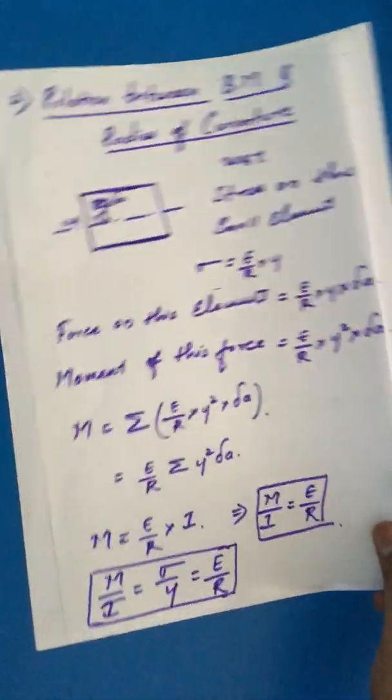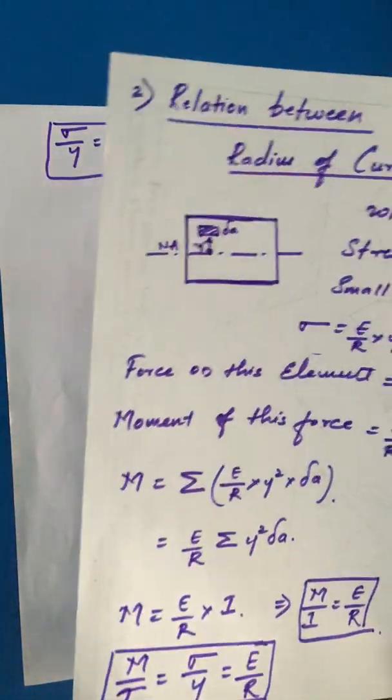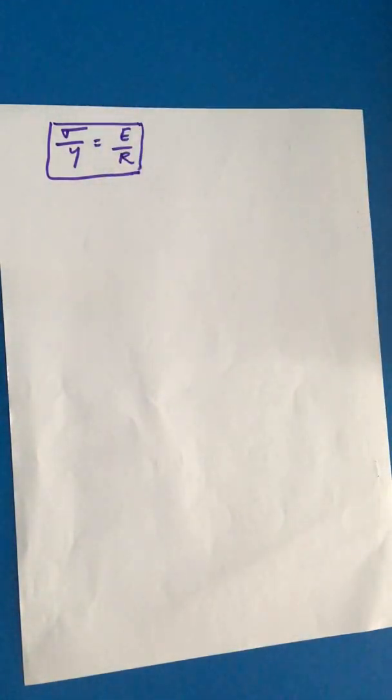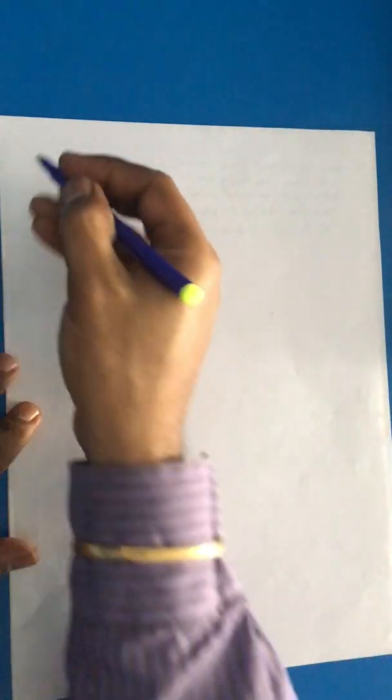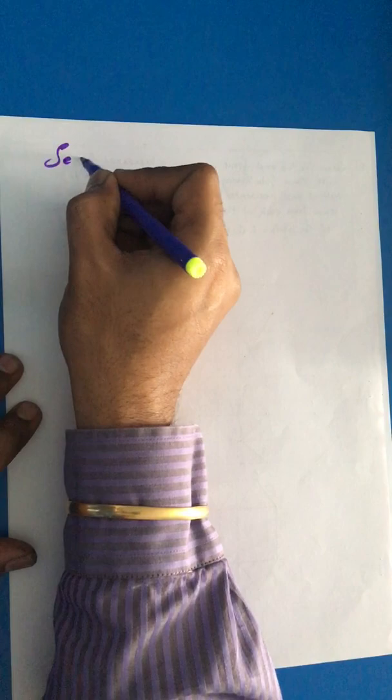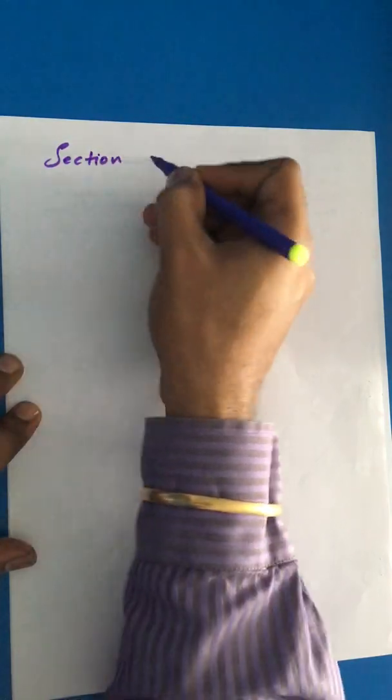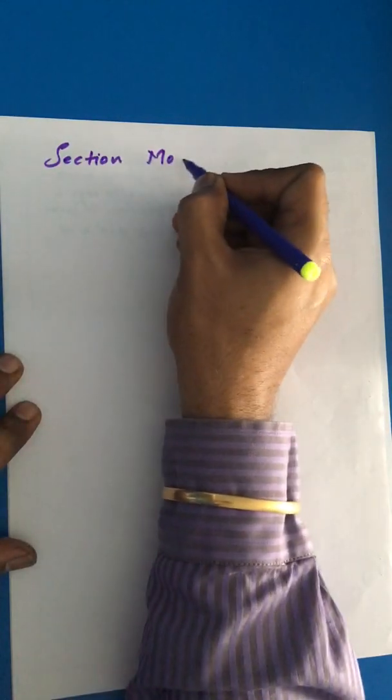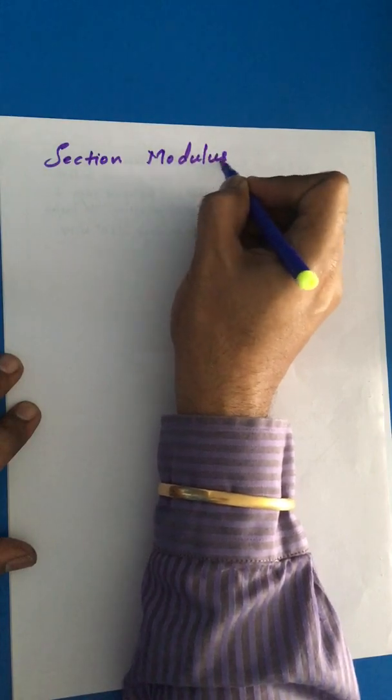Now we will discuss some of the other parameters which are very important with respect to the theory of bending. And one among such is the thing called section modulus.